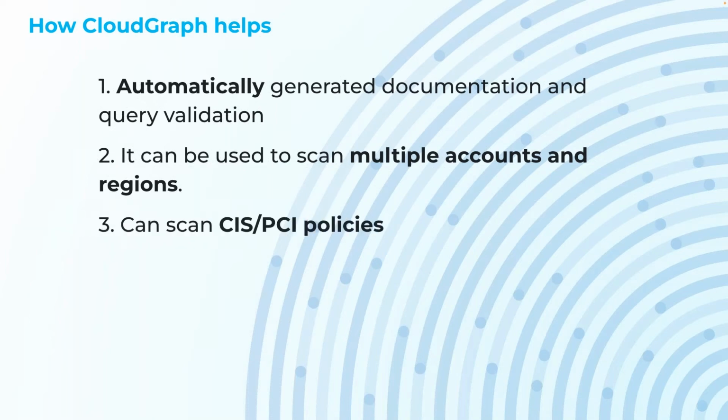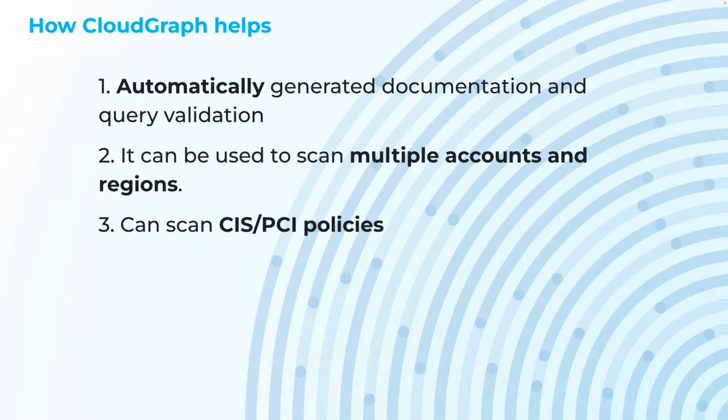You are able to scan CIS and PCI policies. CIS is Center for Internet Security, and PCI is Payment Card Industry. You may have had interactions with these before, but it's very useful to have these policies able to run as just an extra flag.